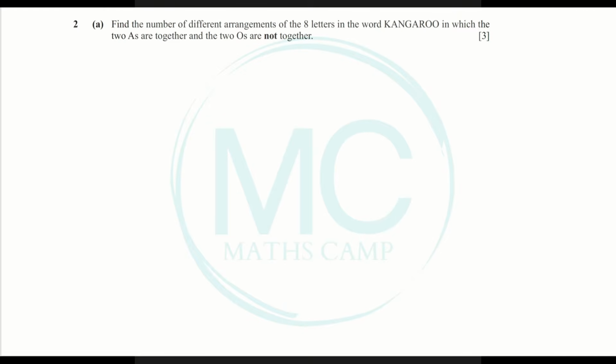A good place to start is to make a note of our repeated letters. So in our word, we have two A's, we have two O's, and then we have K, N, G, and R. Let's start with the number of arrangements when only the two A's are together.